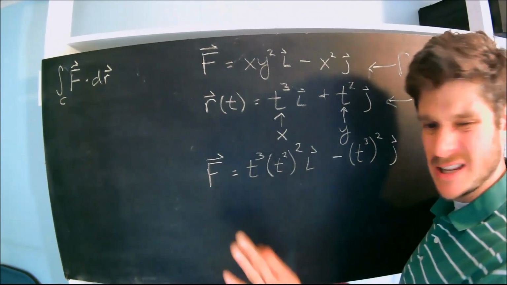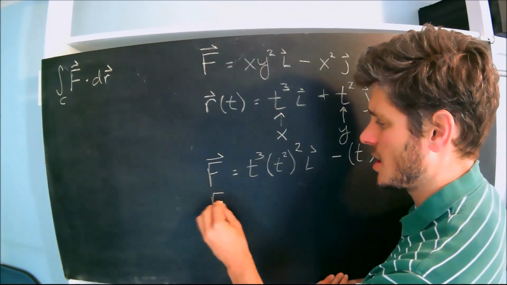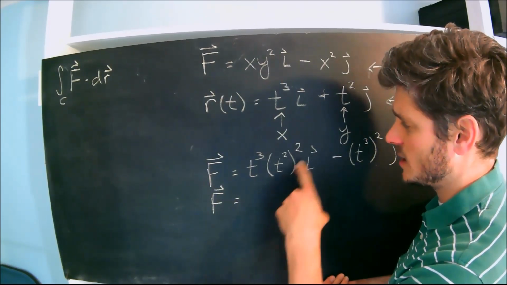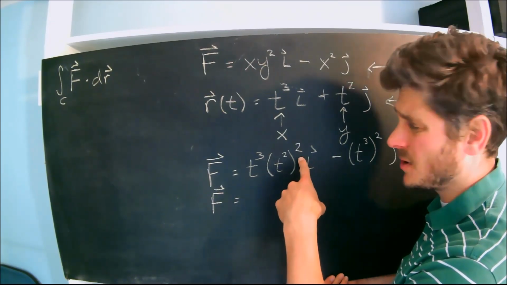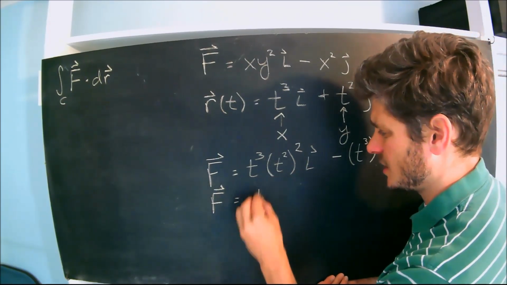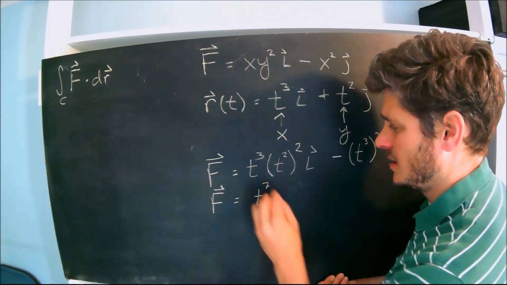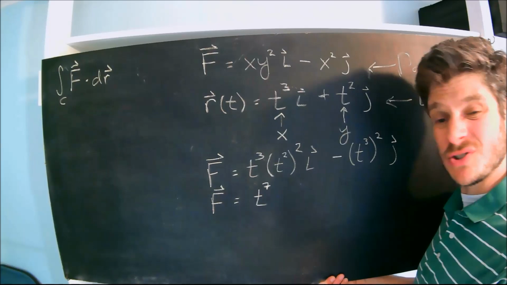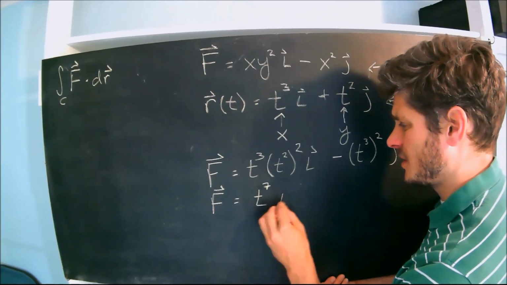Although, let's clean this up just a little bit more. So f is equal to, I have t cubed and t squared squared. Well, t squared squared is t to the fourth. T to the fourth and t to the third is t to the seventh. And again, at this point, if you want to pause and try to figure it out yourself, go for it.